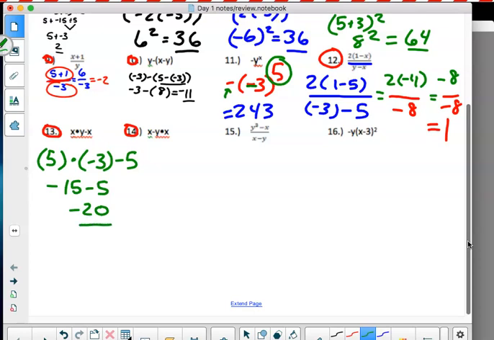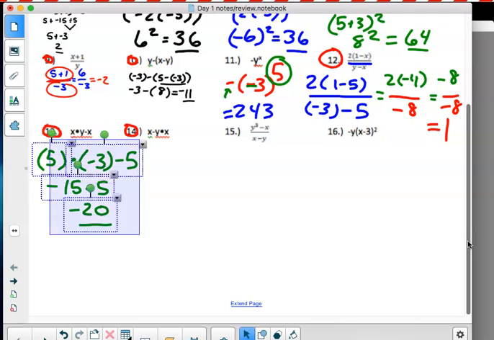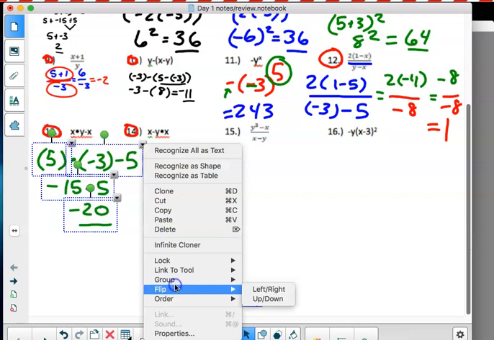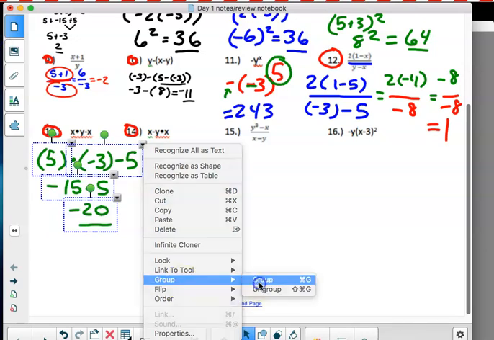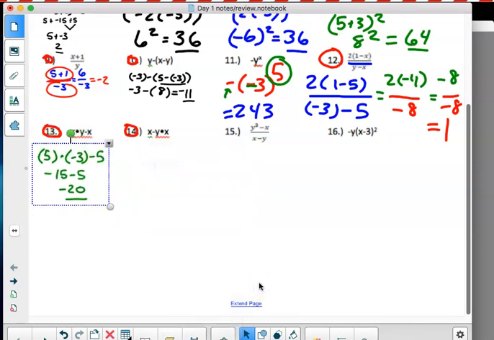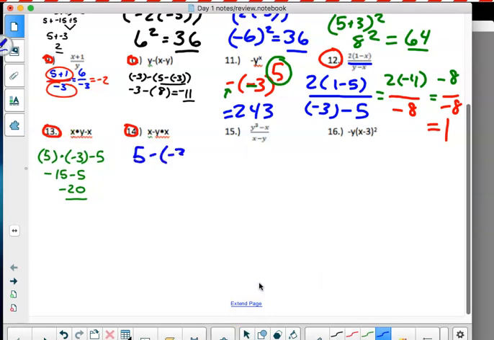Now, I'm going to flip this around, and I've got x is 5 still. I'm going to make these smaller so they don't munch together, so we have those separate. So we're going to group that together. And I'm looking at x is 5 minus a -3 times 5. Okay, so I got 5.